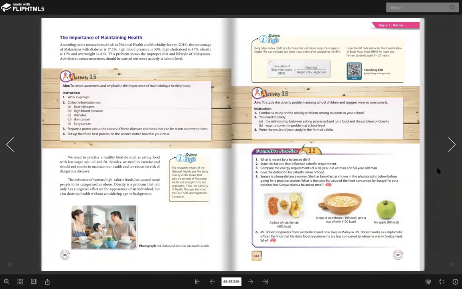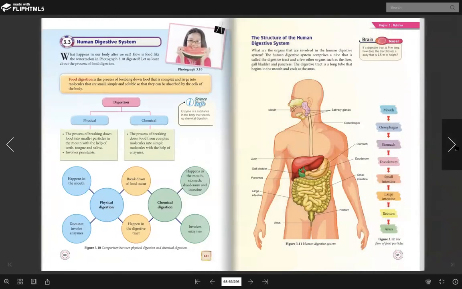I hope you can rewatch the video, especially the parts that you don't understand, so that you can fully understand what we learned last week. For this week, we are going to start with the human digestive system.